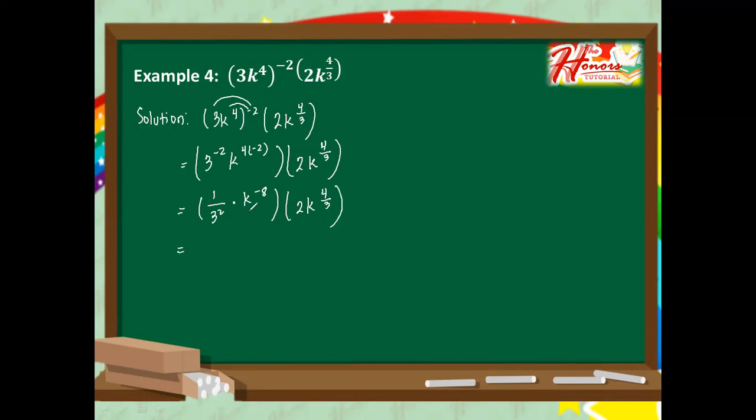And then let's change this k into a positive exponent. Then it will become 1 over 3 raised to 2 times 1 over k raised to 8 times 2k raised to 4 over 3. And then let's continue simplifying this.